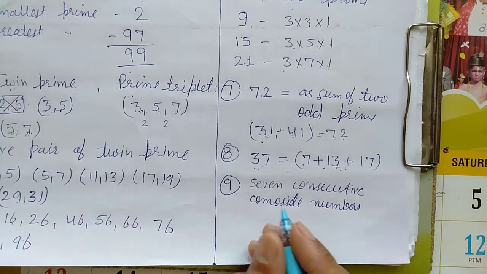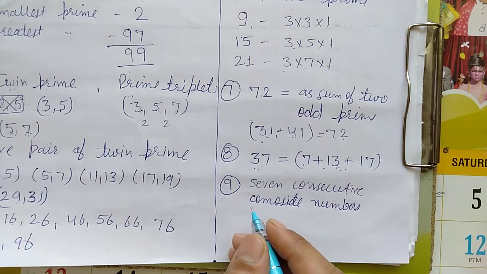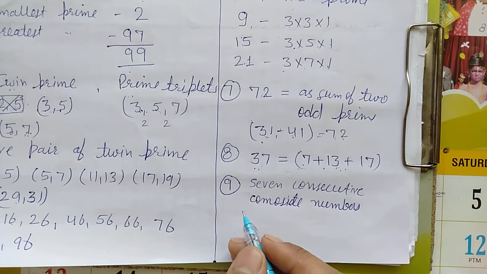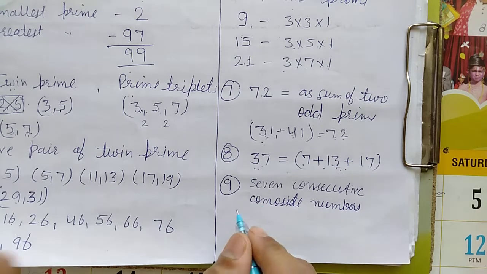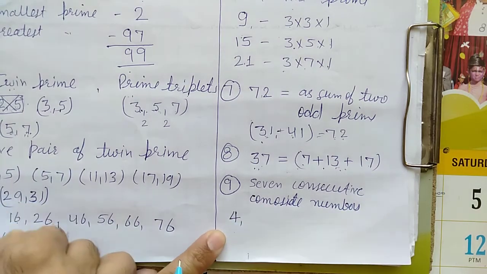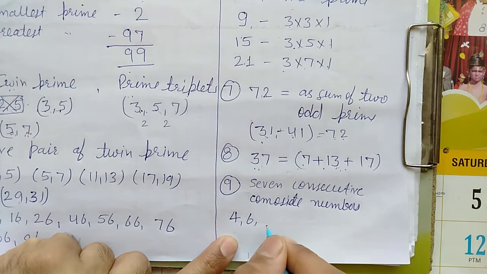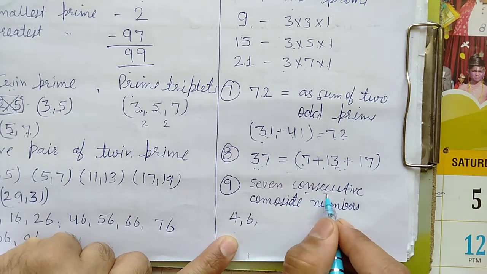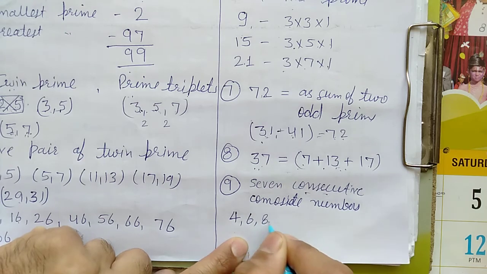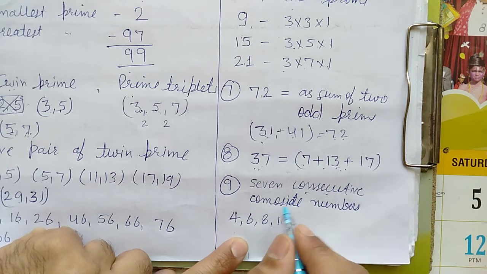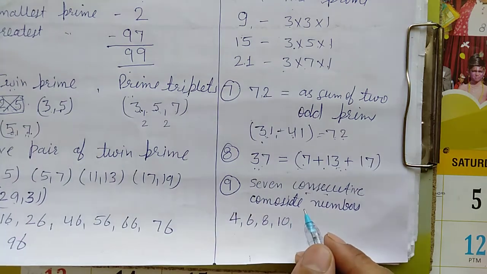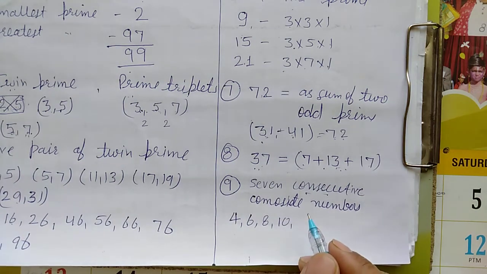First composite number is, 2 is prime, 3 is prime, so 4 is first one. So first we will take 4. After that 6. Consecutive means continue. Then 8, leave 9, this is odd number. Composite and continue also.